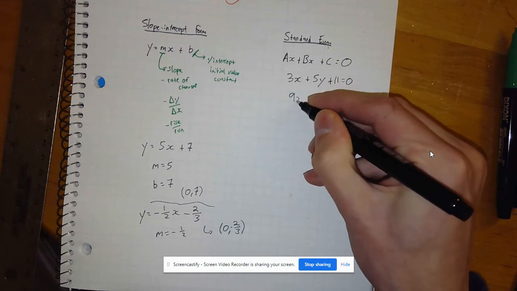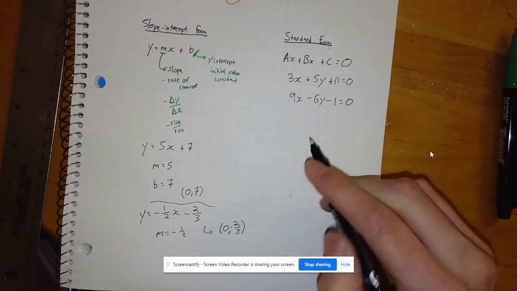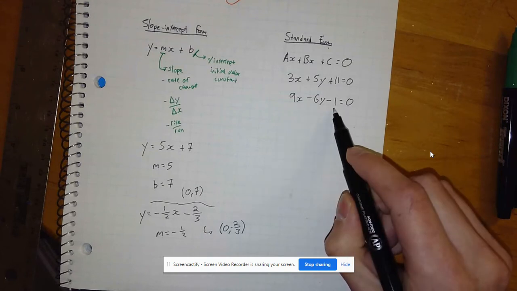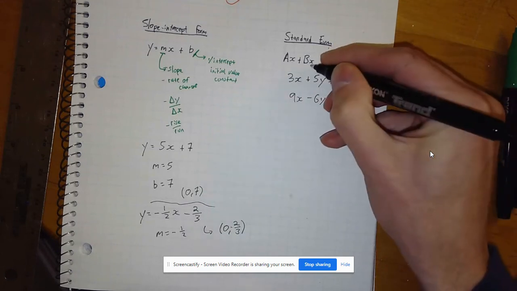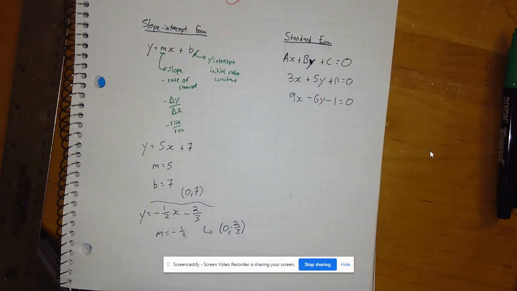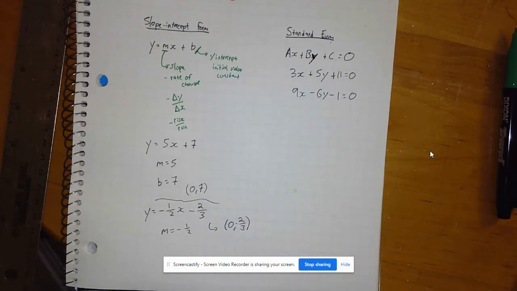It could be 9x minus 6y minus 1 equals 0. So if I have something x plus or minus something y plus or minus a constant equals 0, that's standard form. And normally, it's a little bit less useful. It takes a little bit more work for us to get the key information from standard form.